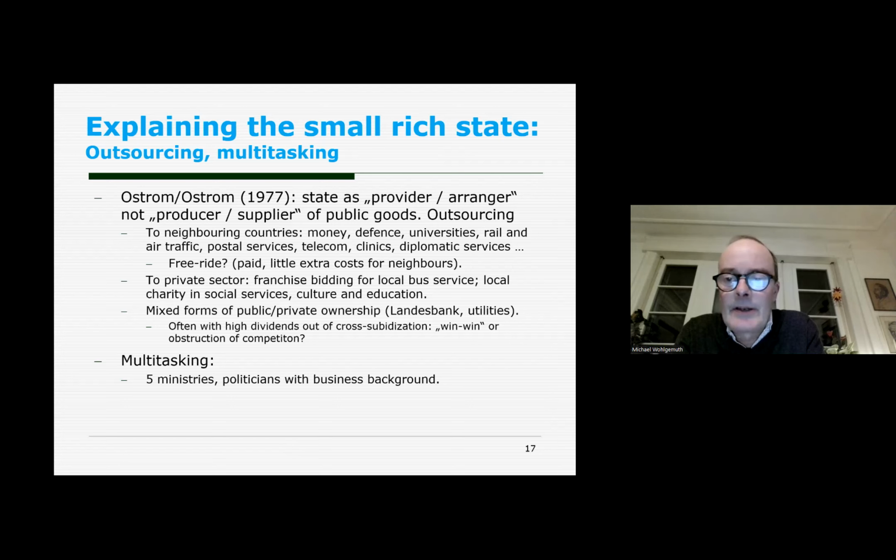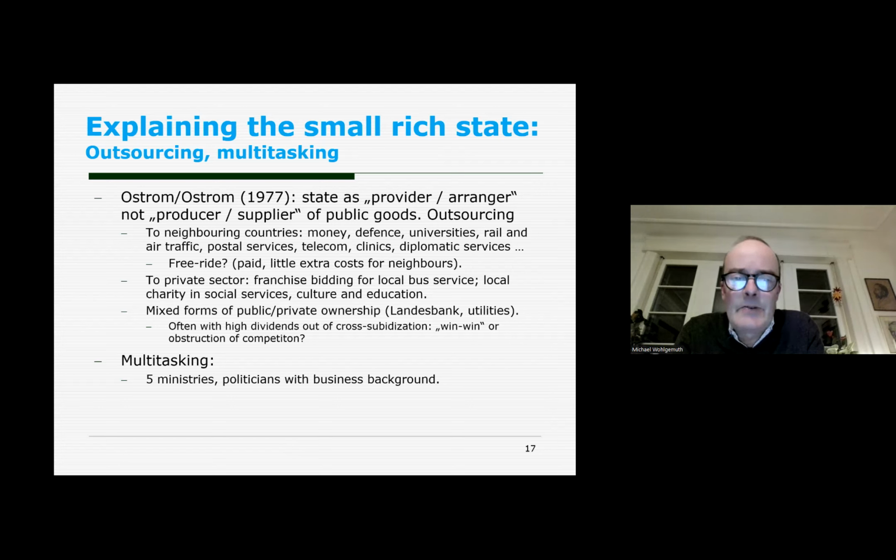It can use the air traffic of Zurich Airport, postal services, telecom, clinics, diplomatic services are also pretty much provided by Switzerland. And you could say, so you tell me Liechtenstein is free riding on public goods produced by others.